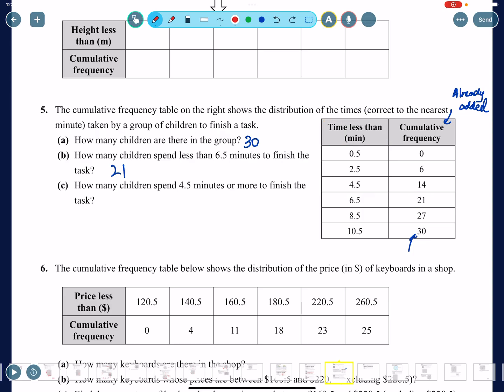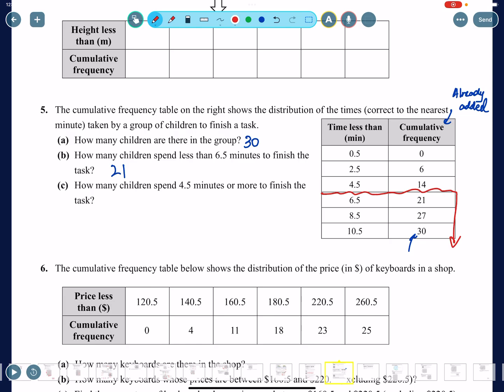How many children spend 4.5 minutes or more to finish? So 4.5 minutes or more. This is less than 4.5. So 14 is less than 4.5. So we are going to be here and more, right?